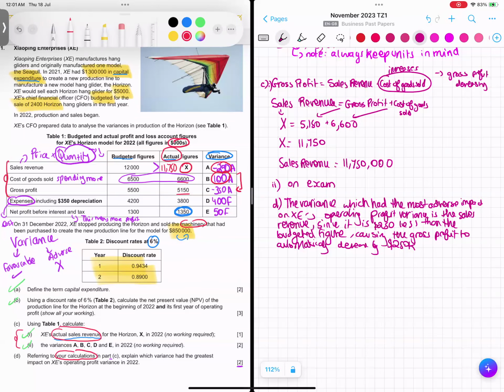And here we can just do the same thing. It's much better to use the currency and the numerical data so the examiner wouldn't get confused and feel like you got confused. And then we can also talk about how, furthermore, the cost of goods sold increased by 100K.